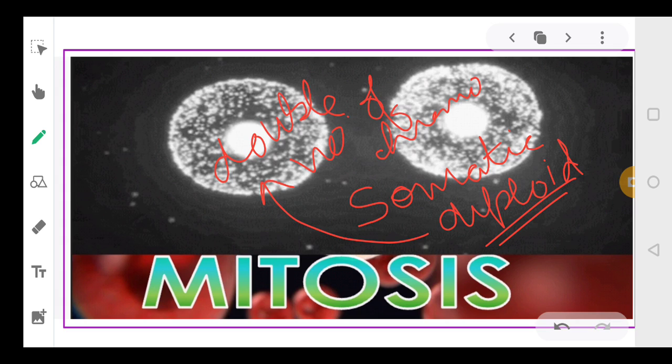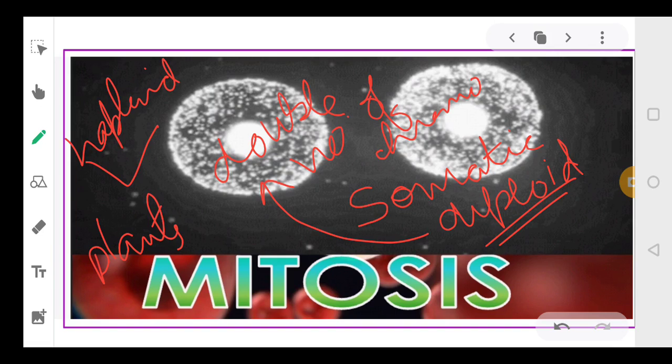But in the case of plants, dear students, the mitotic division occurs in both. In animals, it occurs in the somatic diploid cells, while in plants, it occurs in both haploid as well as diploid cells.